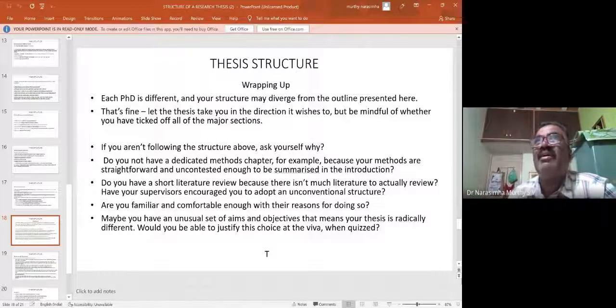When I started working on post-apartheid South African literature, there was very little material, very few books, and secondary sources were very few. So my literature review became very short. My supervisor encouraged me: it's okay, no problem. Whatever you write will be a contribution.